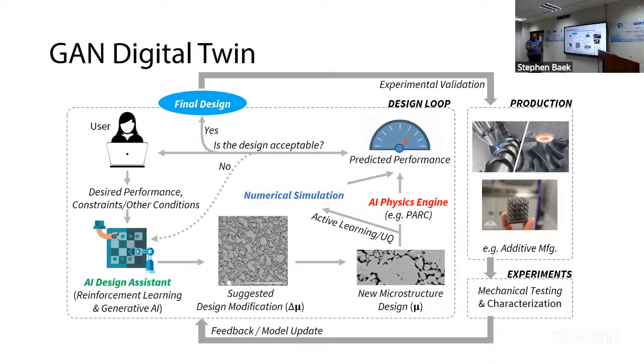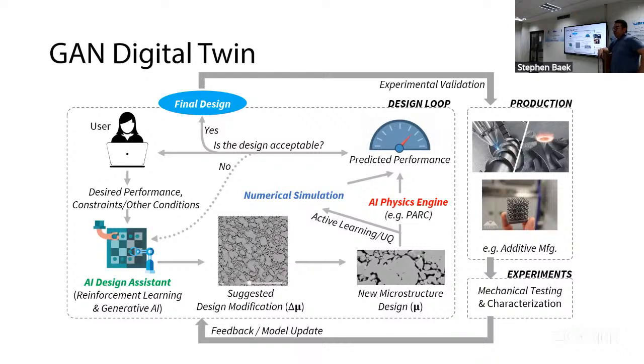In the inner loop, we again produce a design candidate digitally, and then the outer loop again tries to optimize that through physical experiments and manufacturing. This is really the holy grail of how it's used in material science, but you can also replace many of these with other specific design problems.